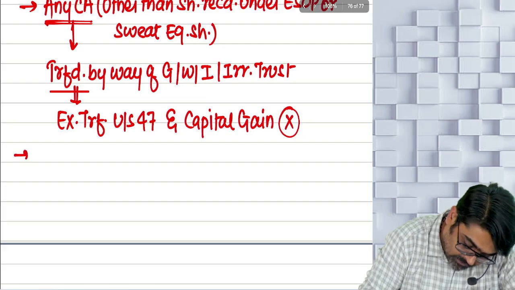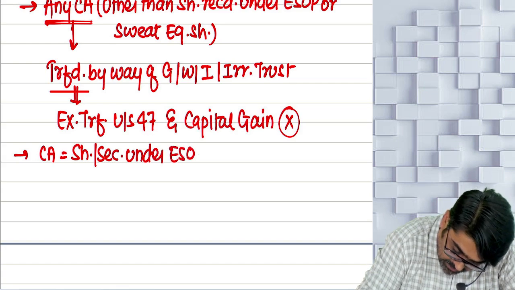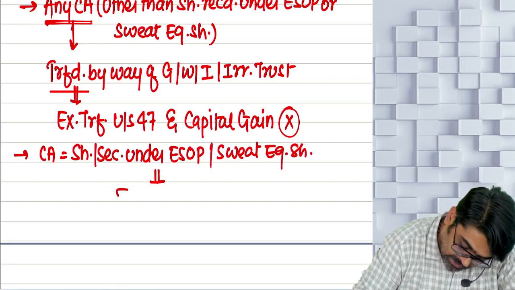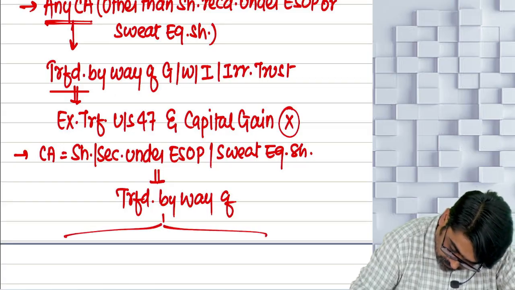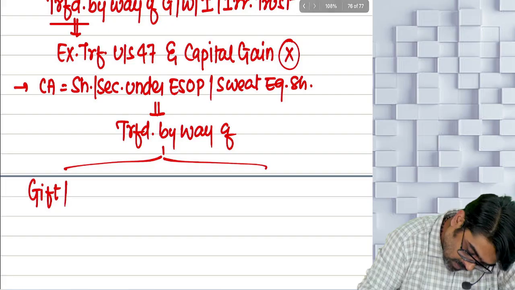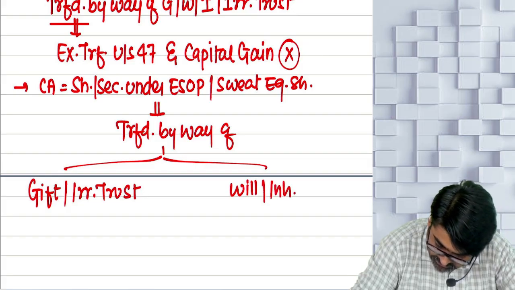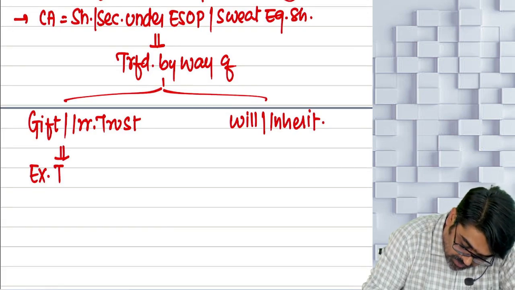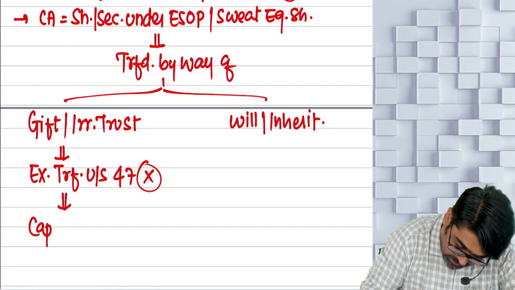But if the capital asset was shares or securities under ESOP or sweat equity shares, and if these shares are transferred by way of gift or irrevocable trust, this transfer was not treated as exempt transfer under section 47, and capital gain was calculated here.